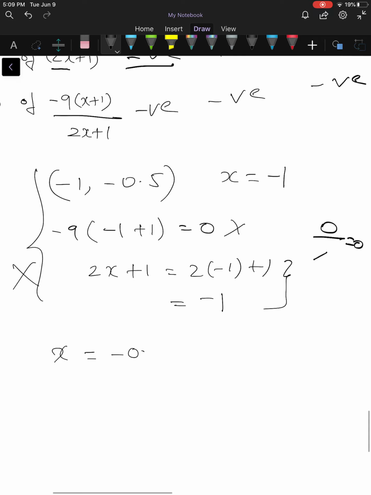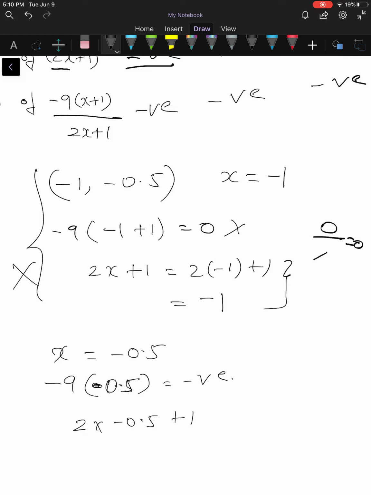Next, if we consider x equals negative 0.5, we have minus 9 of 1 minus 0.5, so that would be negative. And 2 times negative 0.5 plus 1: 2 times negative 0.5 is negative 1, negative 1 plus 1 is 0.